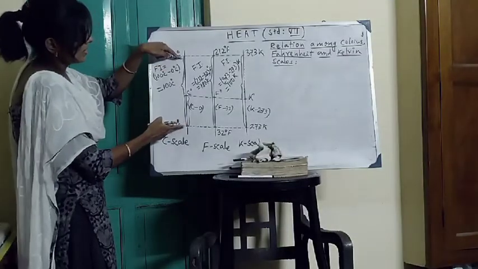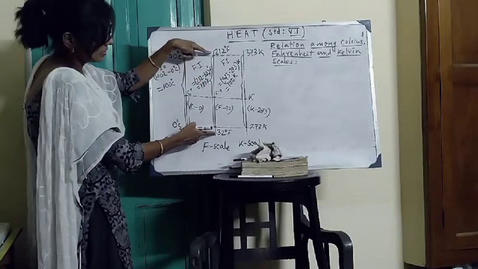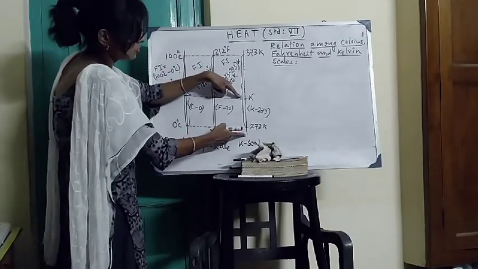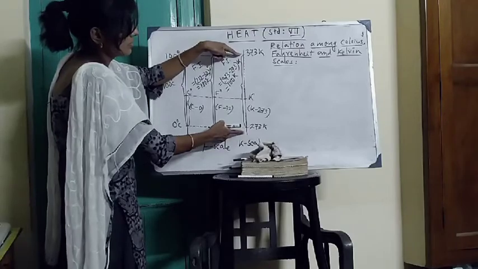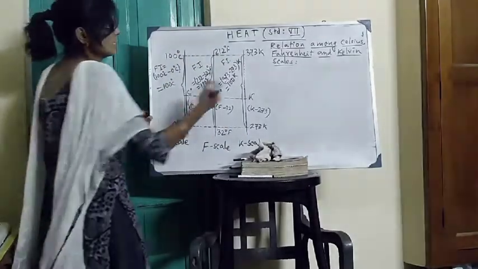This one divided by this one is equal to this difference divided by this difference, which is equal to K minus 273 divided by 373 minus 273. So take the ratio.